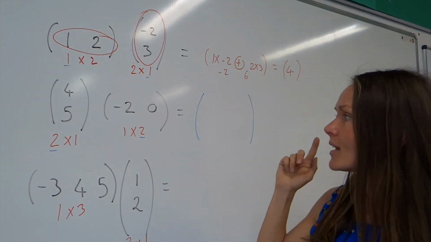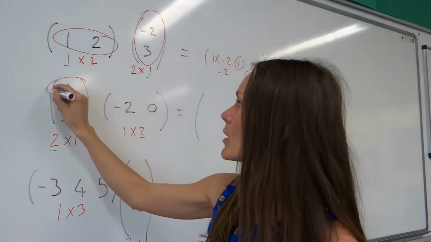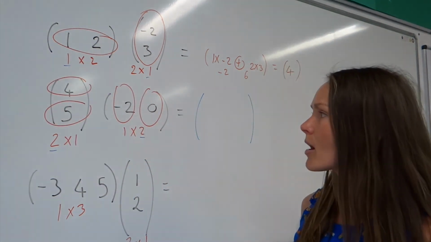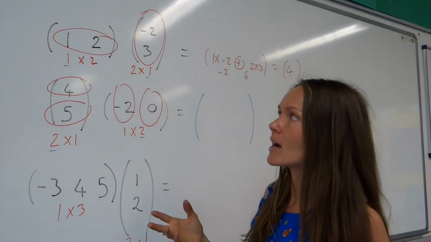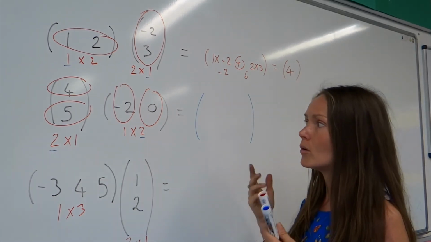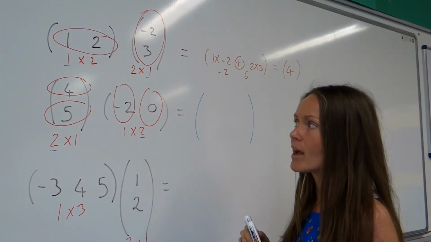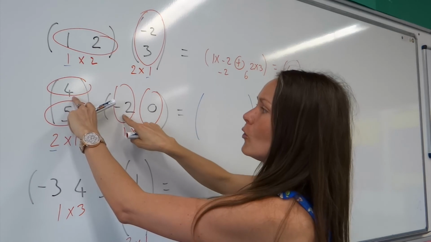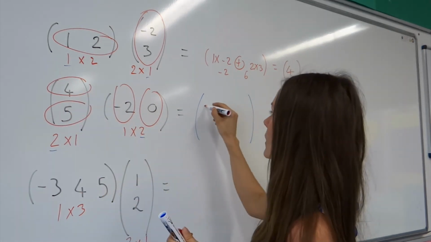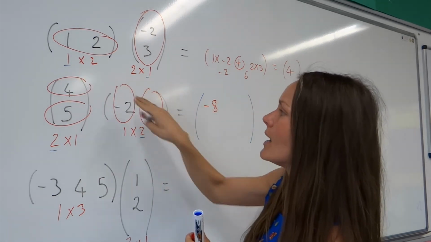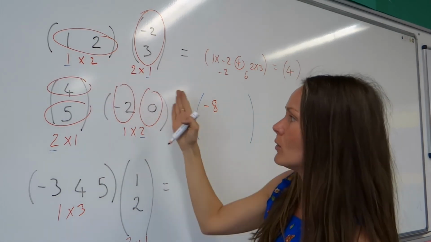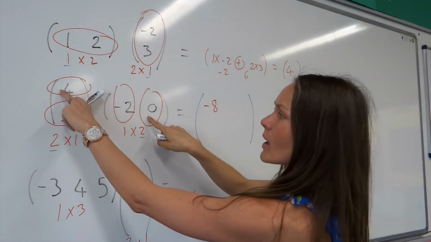So let's have a go at multiplying. Draw the rows and then the columns, and let's multiply. So remember, you only write something down when you get to the end of the row and the bottom of a column. So on this one, we get an answer straight away because we're doing 4 multiplied by minus 2, and then that's it. So that one is the top left element. So for the top right, I'm using the top row and the right column, and I'm just multiplying these together.